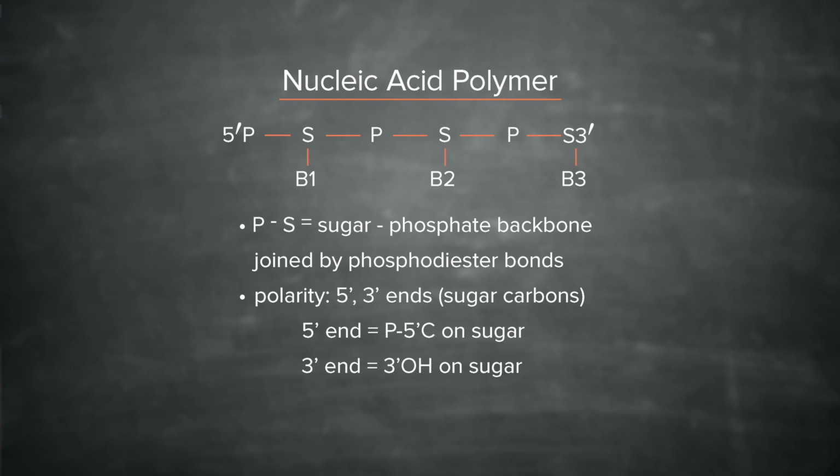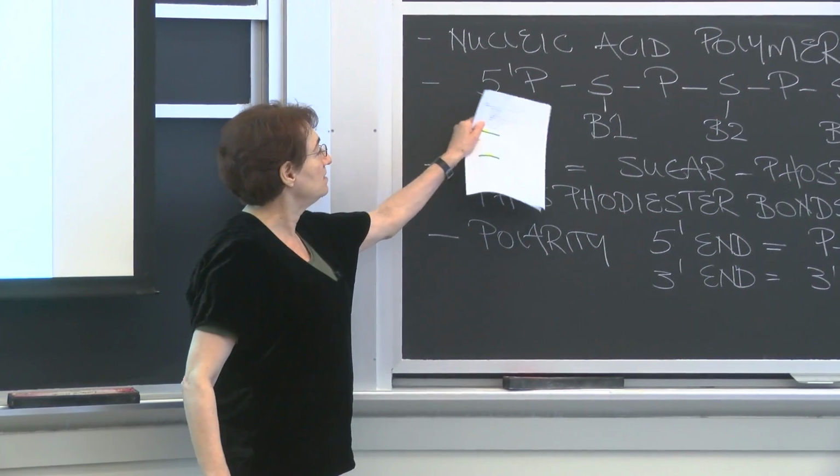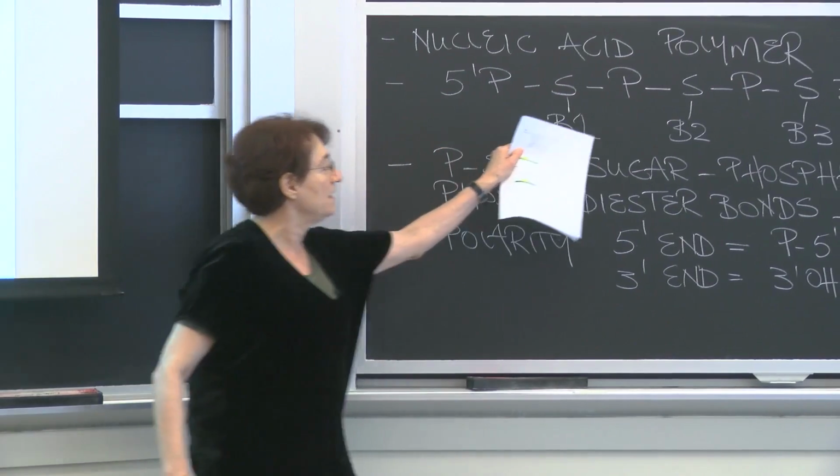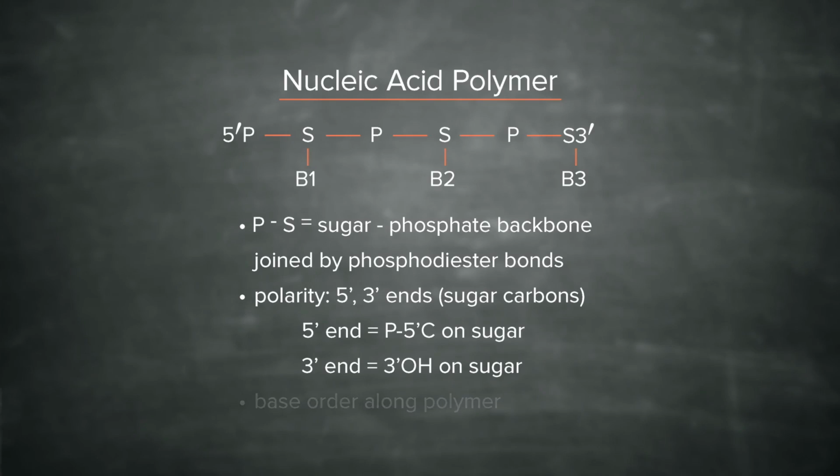The second thing that you need to know is that this polarity is superimposed with the bases and the sequence of the bases along the polymer. So base 1 is near to this 5' end, then base 2 and base 3. So there is base order along the polymer.